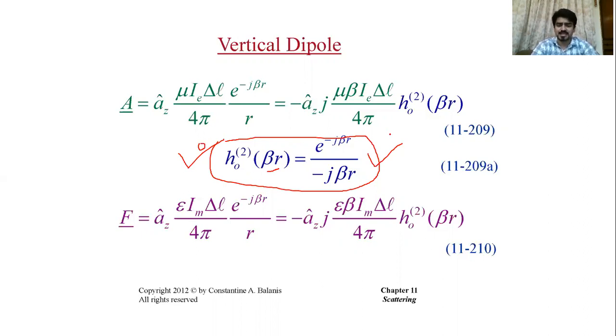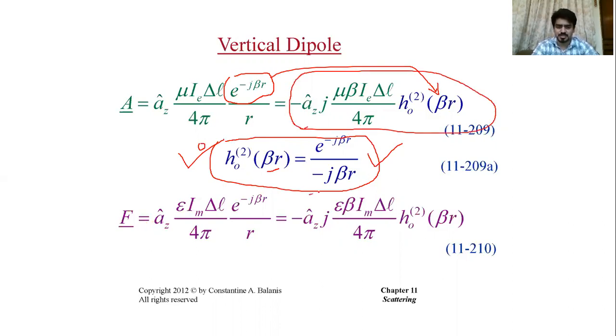So using that expression, we can replace this e to the power minus j beta r by this Hankel function. And when we do that, we can rewrite vector potential A and vector potential F like this in terms of the Hankel function of second kind. So now we have represented those vector potentials, instead of exponentials, in terms of the Hankel function of the second kind.